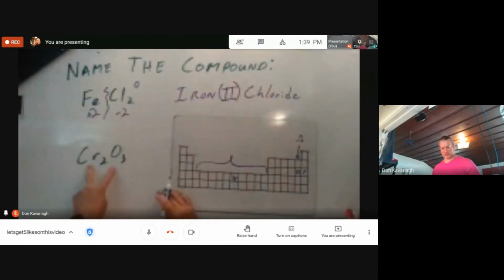Chromium oxide. That's most of the name right there. We don't change the name of the metal, and the non-metal, we change the ending to IDE.